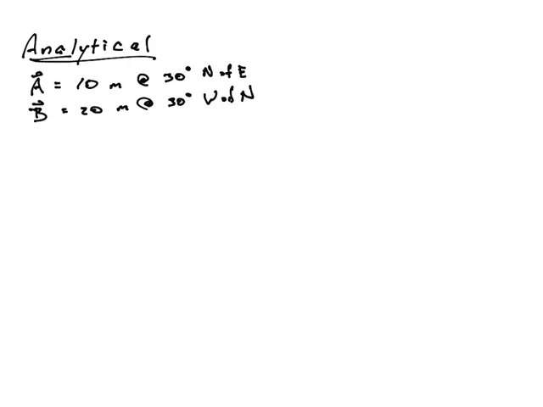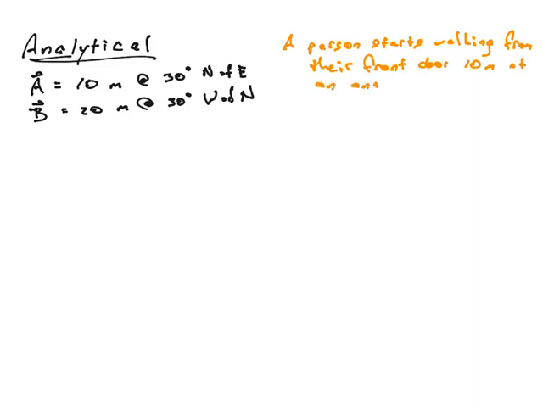So let's say the question is this. A person starts walking from their front door ten meters at an angle of 30 degrees north of east.